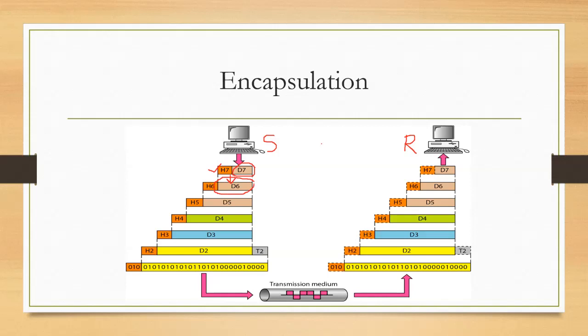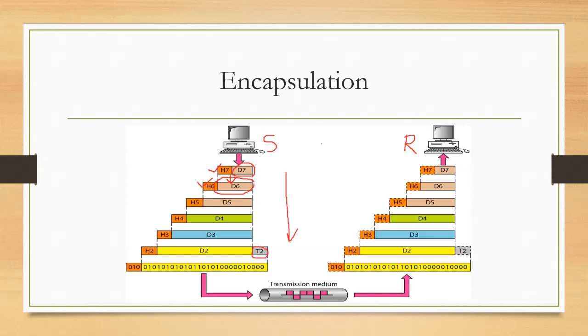To that encapsulated data, a header corresponding to the presentation layer is attached. The process continues up to the data link layer. At the data link layer, it not only adds a header, but it also adds a trailer.